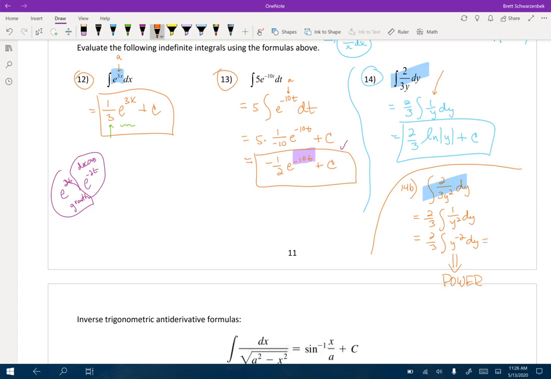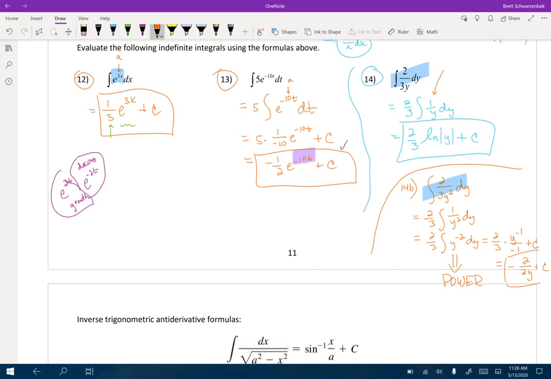It would be 2/3 times y to the -1 over -1 plus c. You would end up with negative 2 over 3y plus c. So the y would go to the bottom, the 3 would stay, the 2 would be on the top, and that would be your result, right? Vastly different, has nothing to do with the natural log.